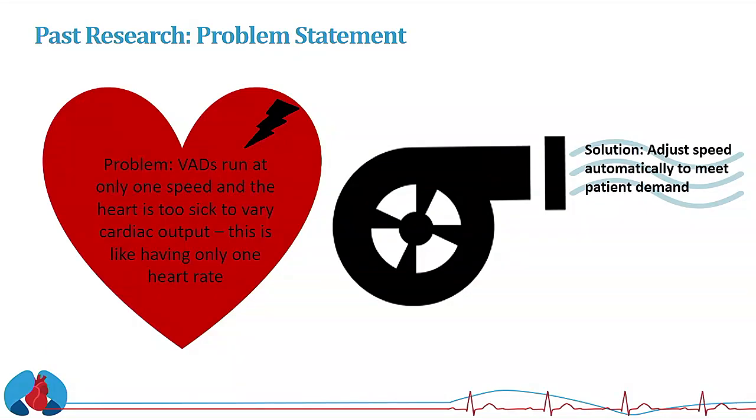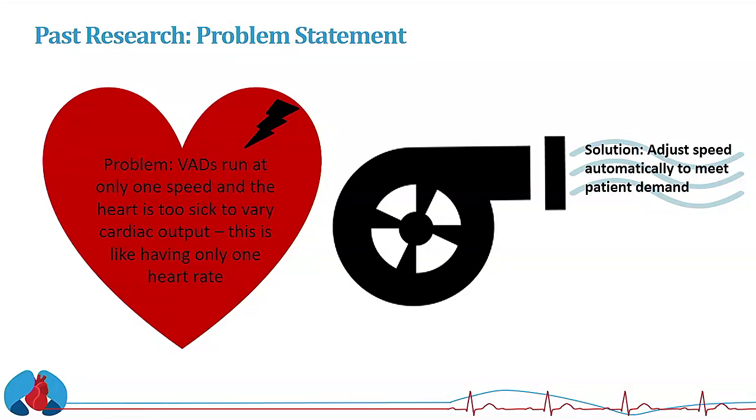So what's the problem then? So the problem is that VADs run at only 1 speed, and the problem is that because the heart is so sick, the VAD is providing most of the support to the body. And as we know, the heart doesn't only have 1 heart rate. When you walk upstairs, it goes up. When you go to sleep, it goes down.